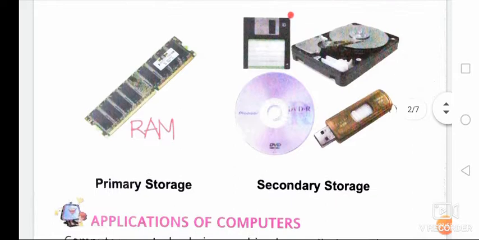Okay, so what are the primary storage devices? RAM and ROM. Then secondary storage devices are floppy disk, hard disk, CD, DVD, pen drive, etc.